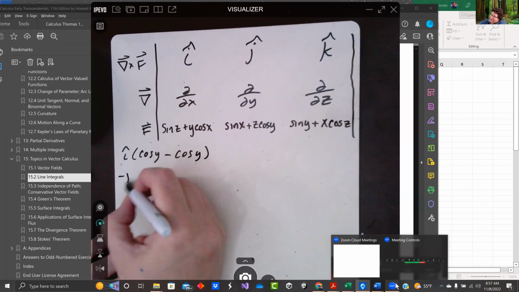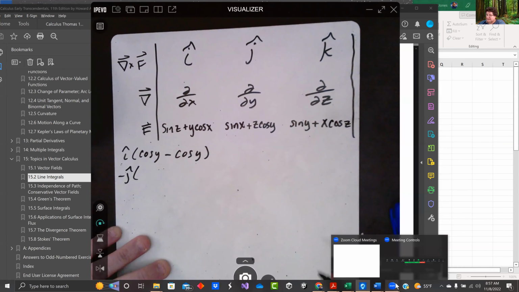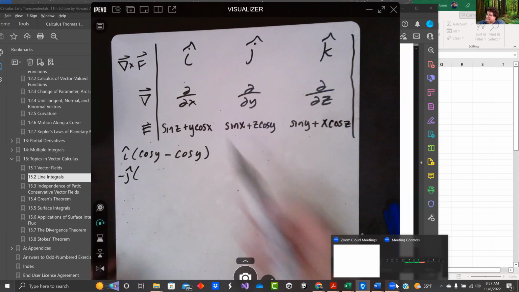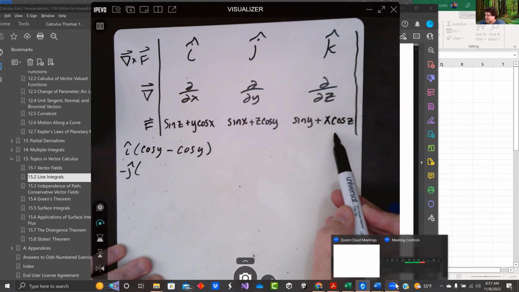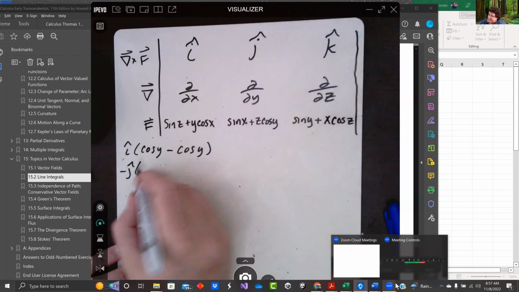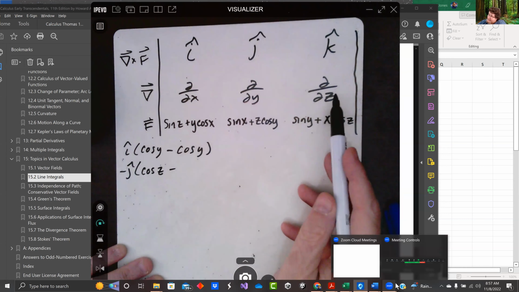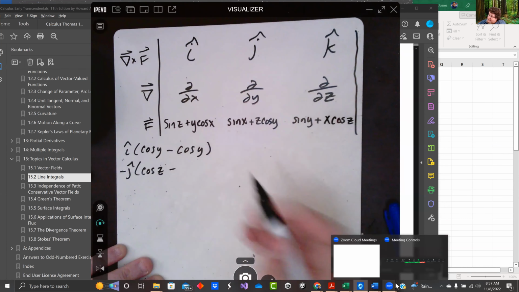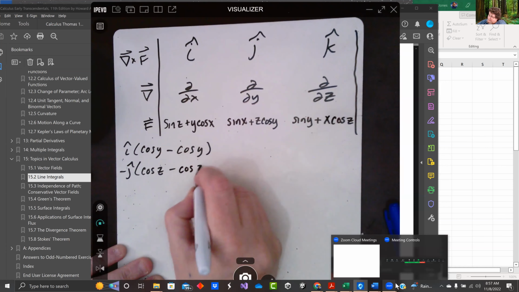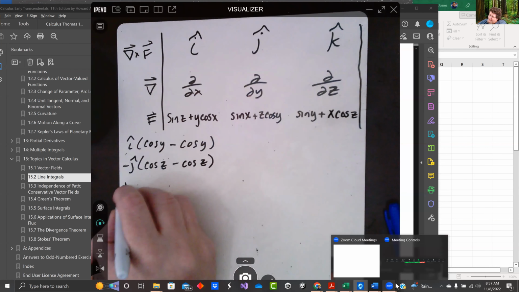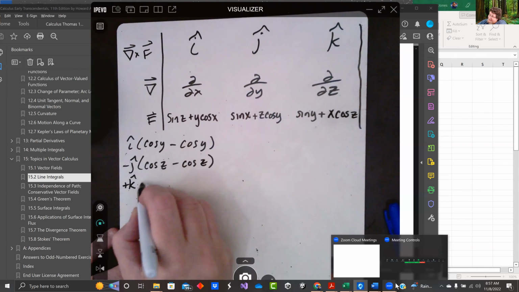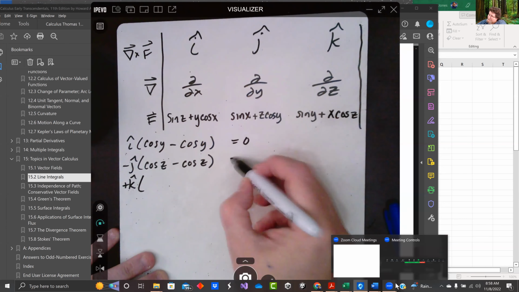And then we've got minus j hat. j hat is ddx of sine y plus x cosine z, which is cosine z, and ddz of sine z is cosine z. It's looking like a conservative field because I got a 0 and a 0 so far.